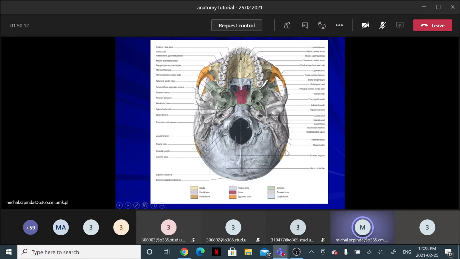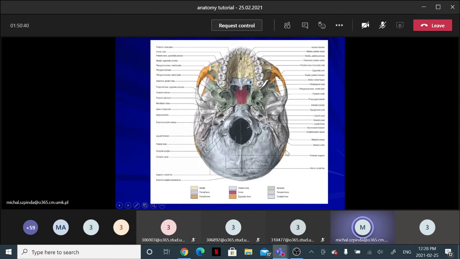So the external opening of the carotid canal is called the external carotid foramen. Its other ending is inside the middle cranial fossa and inside the cranial cavity.